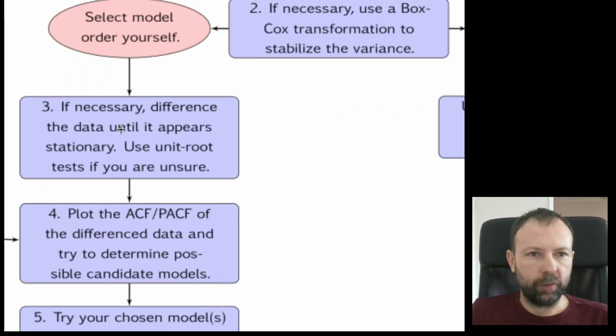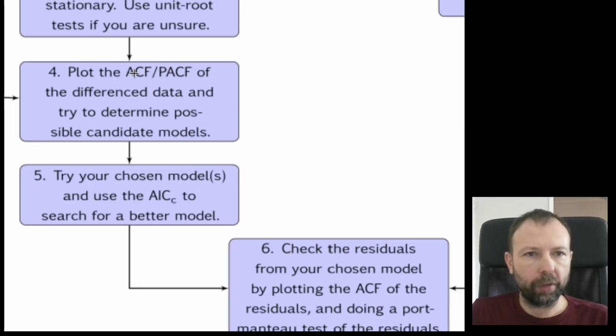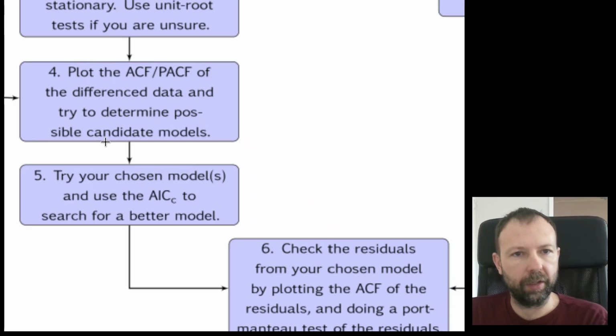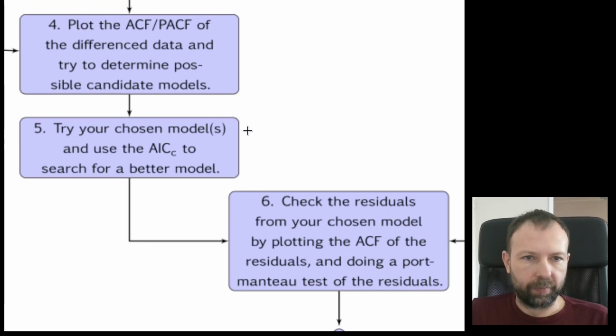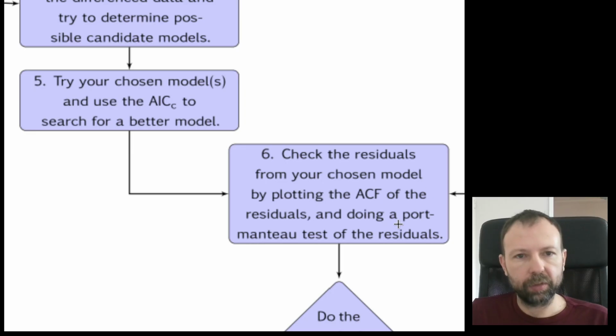If necessary, you difference the data until it appears stationary. Then you use a unit root test. If you are unsure, you plot ACF and PACF of the differenced data and try to determine possible candidate models. You try your chosen models and use AICC to search for a better model. Then you check the residuals from your chosen model by plotting the ACF of the residuals, and you can also do the portmanteau test.